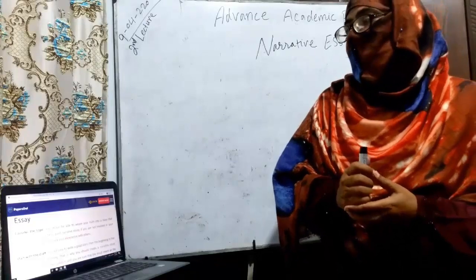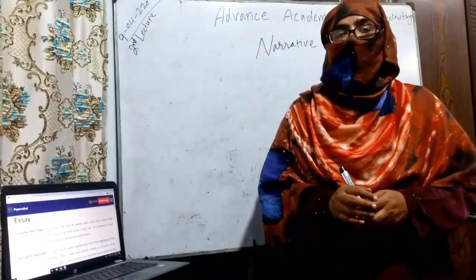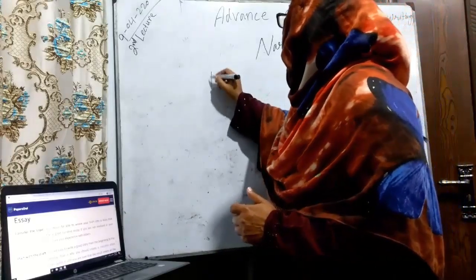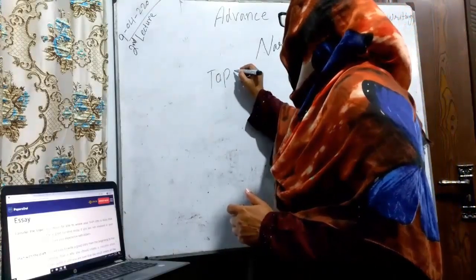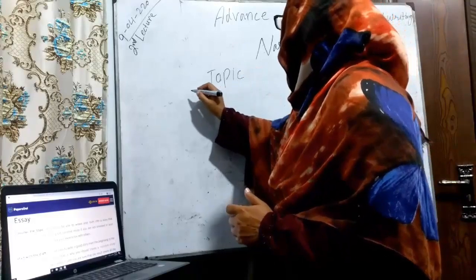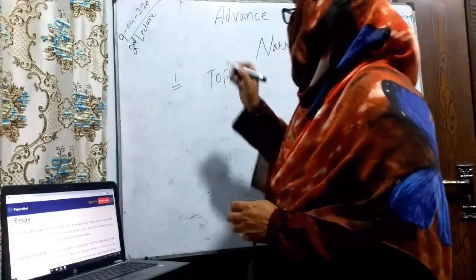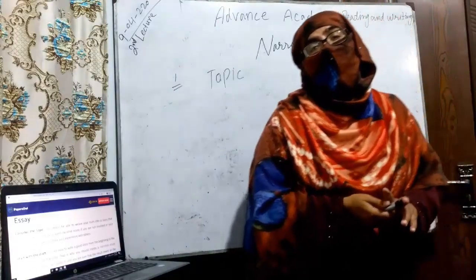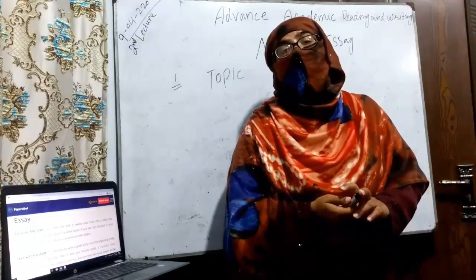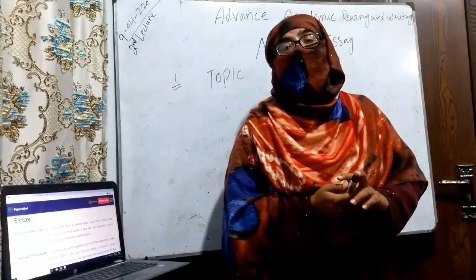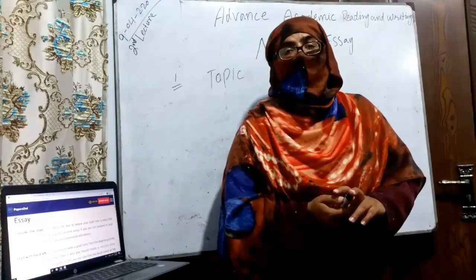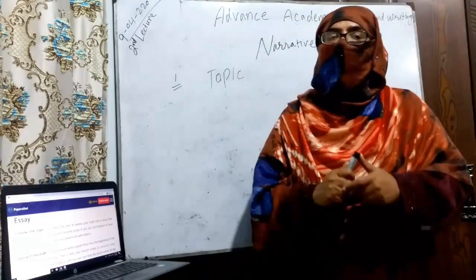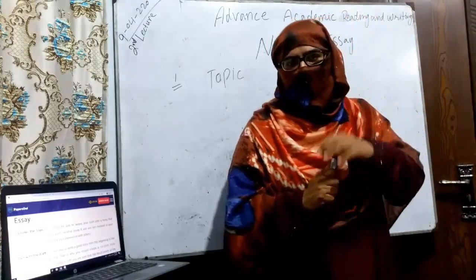First of all, consider the topic. Get the topic. Select a topic on which you are going to write an essay. Second, collect the data which is related to your topic. How to collect the data?